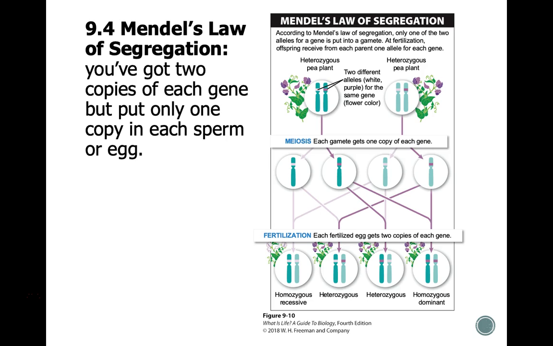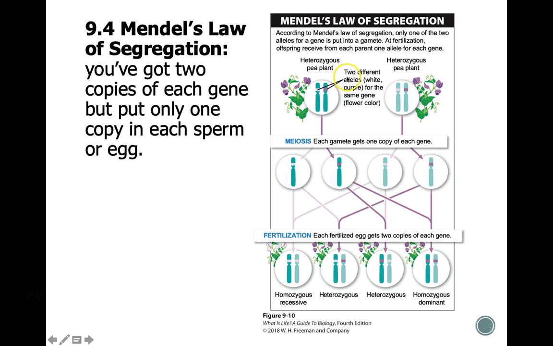So one last thing that was important from Mendel's research was the idea of what we now call the law of segregation. Now, the law of segregation says that you've got 2 copies of each allele, but those copies are separated, that's what segregation means, into each their own cell during meiosis. So we saw this during meiosis. It happens when homologous chromosomes separate.